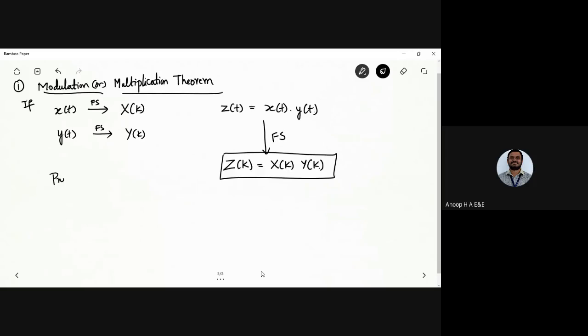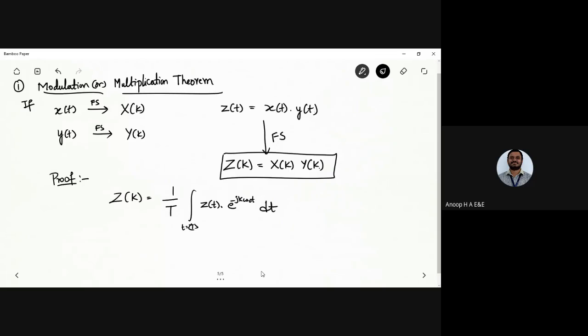Let me begin with the proof. By the fundamental definition, z of k would be equal to 1 divided by T, integral over the total time period T, z of t into e power minus j k omega naught t dt.